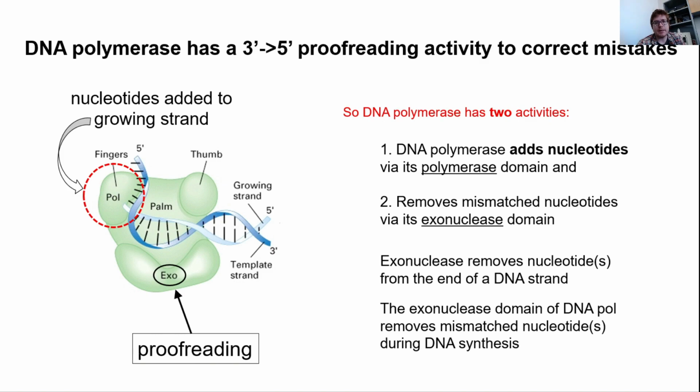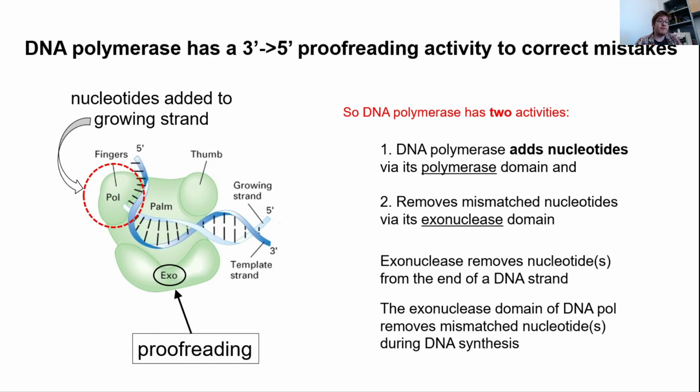Well, the nice thing about DNA polymerase is that in addition to the polymerase site, which is where nucleotides are added, polymerase also has a 3' to 5' exonuclease active site on it. And so that exonuclease site can perform nucleotide removal from the end of a DNA strand.